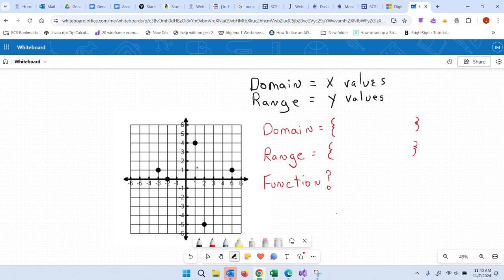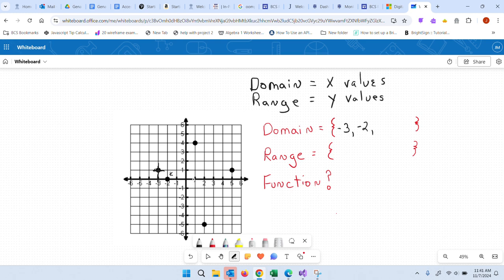So the domain for these points you see on the graph is just the X coordinates. The first point, I start on the left, this one right here, is at -3. The second one, this one here, is at -2.